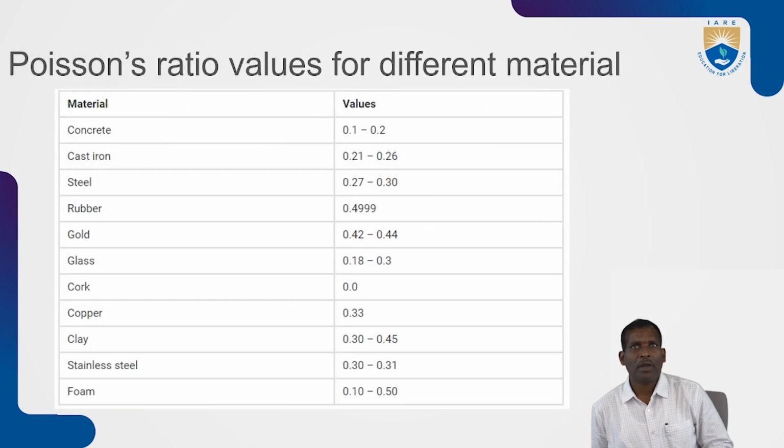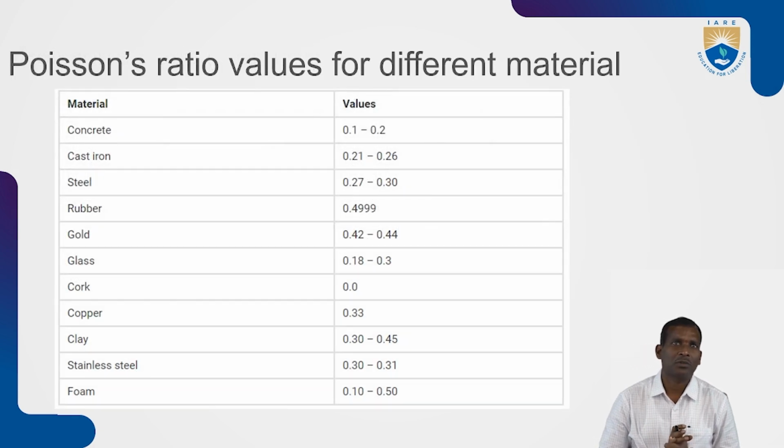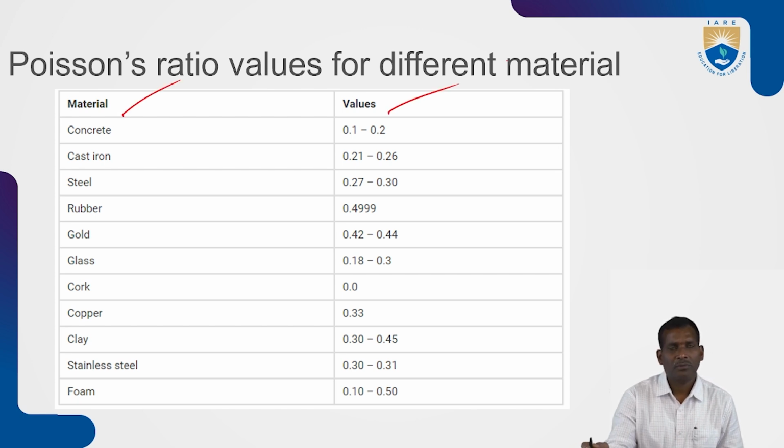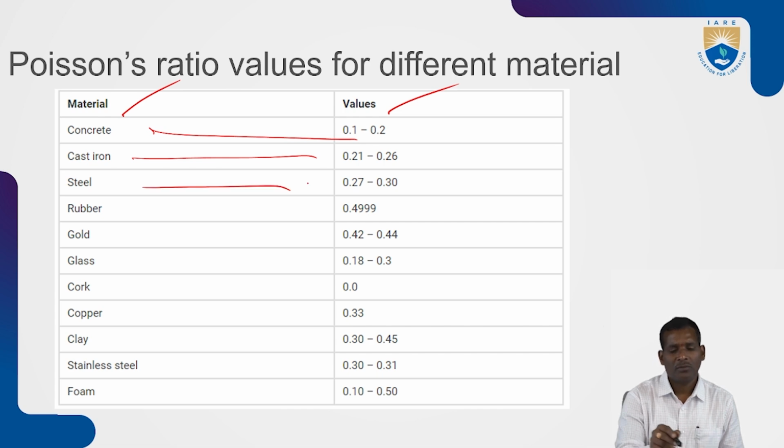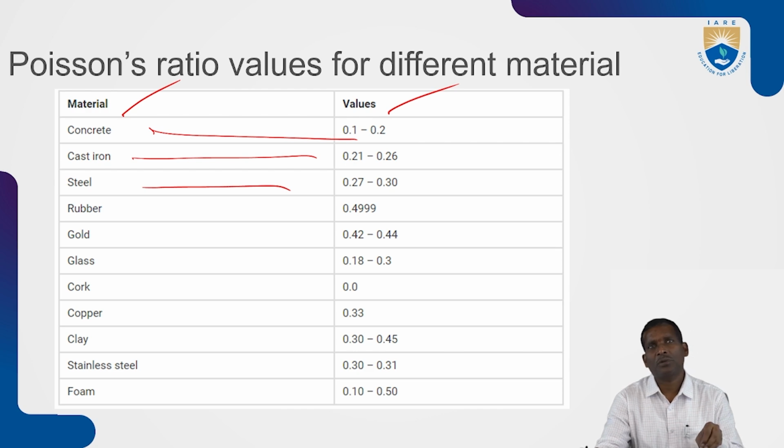So the Poisson's ratio values for different materials are shown in this diagram. Material and values. For concrete, the Poisson ratio shown is 0.1 to 0.2. Cast iron 0.21 to 0.26. Steel 0.27 to 0.30. So sometimes we have to remember these values. Why?